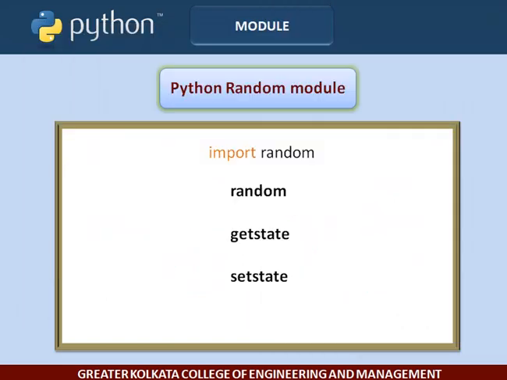So we have now completed the random function. Now we know about the random function, getstate and setstate functions that are available in the random module. Clear? There are also many random methods in the random module.